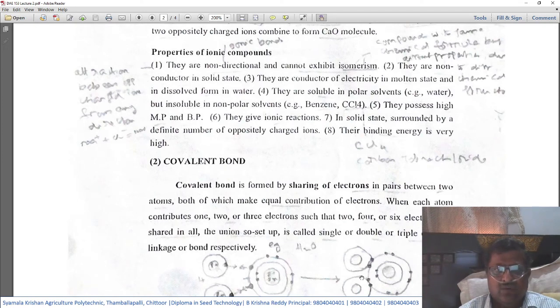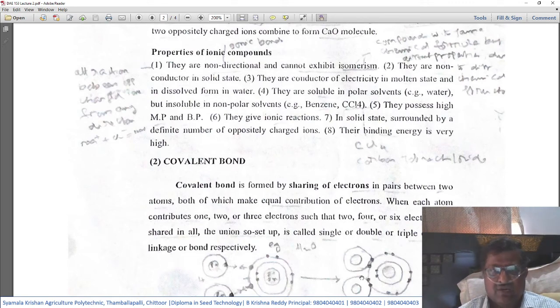So covalent bonds are formed by sharing of electrons. In the previous one, the ionic bond, what we said is transfer of electrons. Transfer means from one atom it goes to the other atom. Whereas in sharing, both atoms contribute the electrons and they will share. So kindly remember this difference.